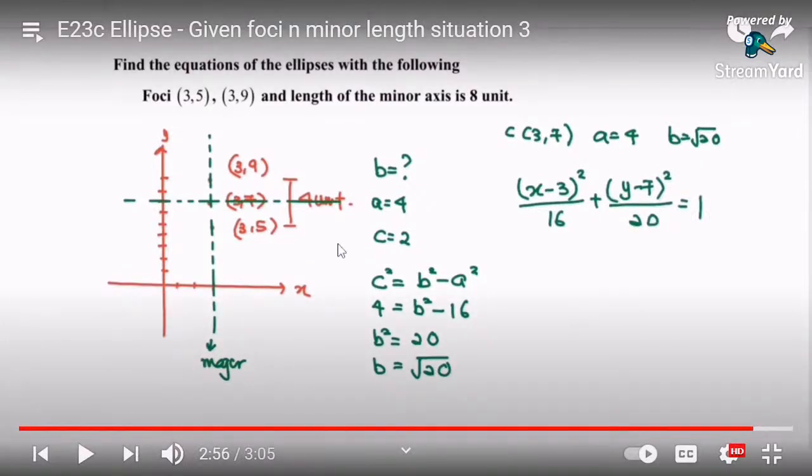So nampak? Saya harap ya, 3 contoh yang depan saya bagi you standard, iaitu major axis adalah X, major axis adalah Y. Kemudian saya bagi you general form, then saya tunjuk macam mana saya transform atau saya modify atau saya convert daripada general ke standard.